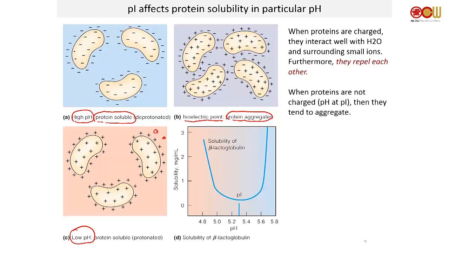If you look at a graph of the pH versus the solubility of a particular protein, this example is beta-lactoglobulin, but every protein has a graph that looks like this. What you can see is that solubility drops to a minimum at which the pH is equal to the PI.